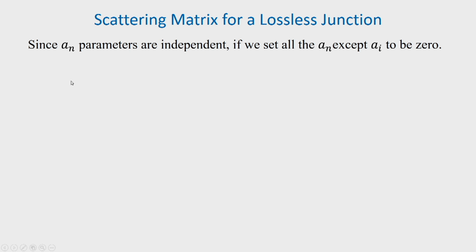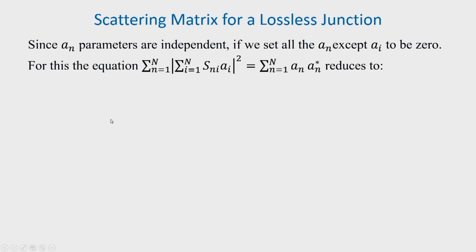If we set all the n's except A i to be 0, then this equation we have written reduces to this. So this summation becomes mod of A i squared, and this summation becomes a single term, S n i A i magnitude squared.